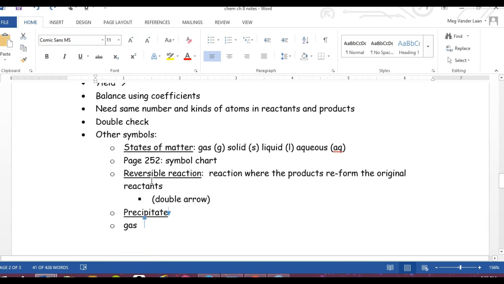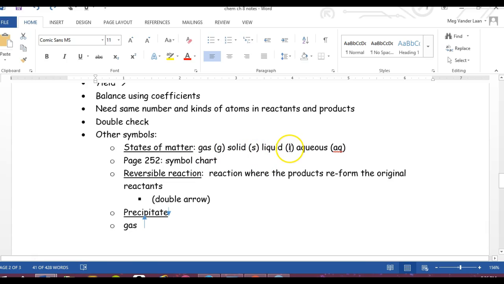Now there are other symbols that are in a correct and complete chemical formula. On page 252, there is a symbol chart. We're going to go through a few of these, but you need to go over that chart and look at the rest of them. States of matter. If we're going to have the state of matter involved, so if we're mixing gaseous oxygen with solid carbon, then we would have G beside the oxygen and S beside the carbon.